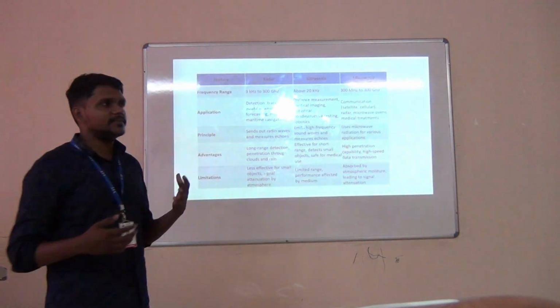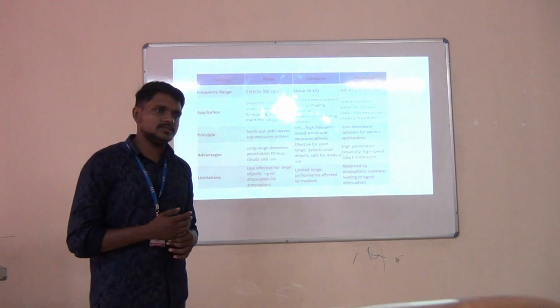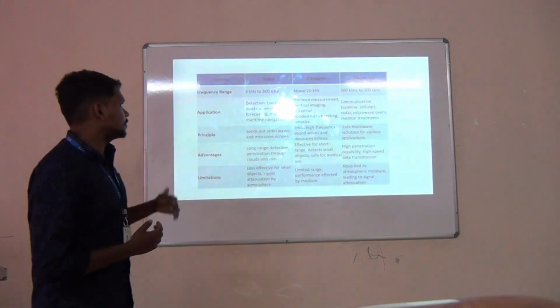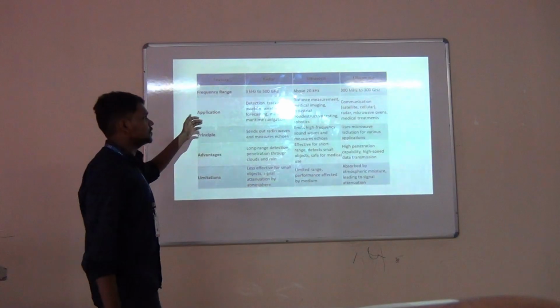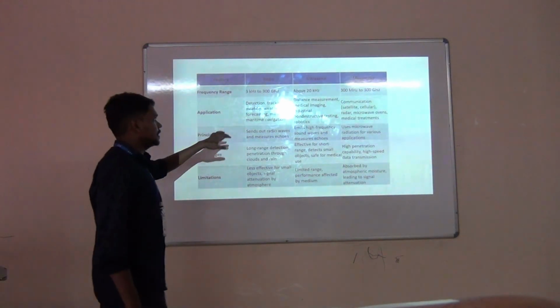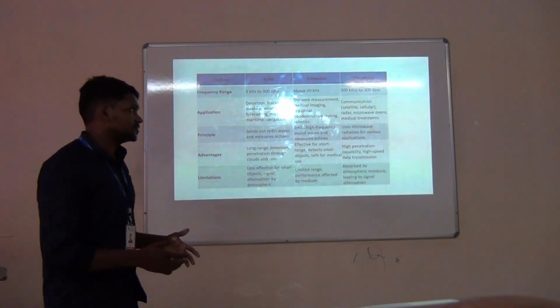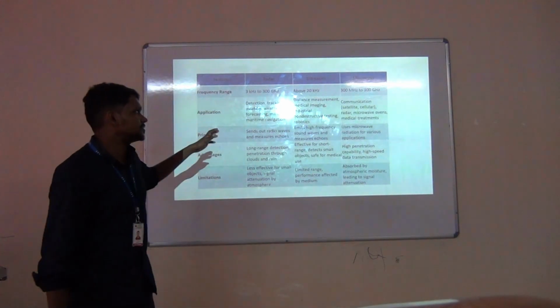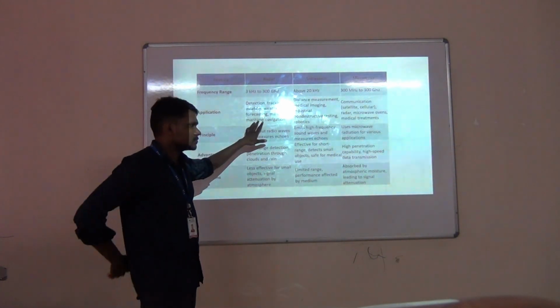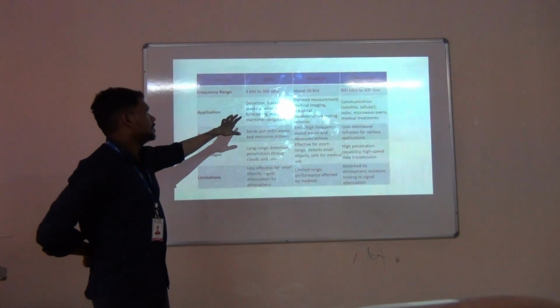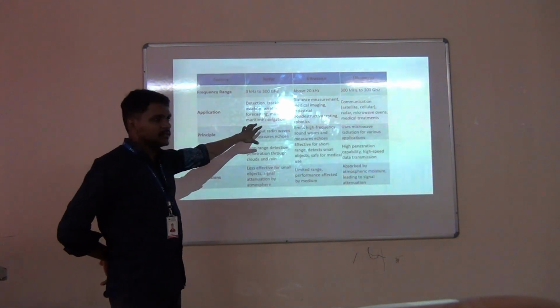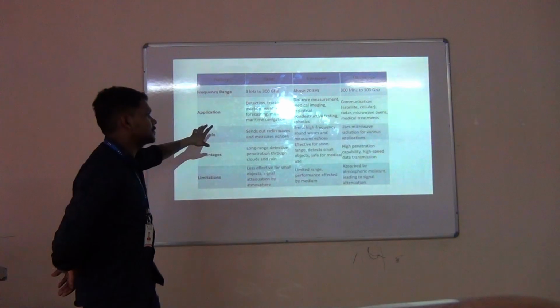So we will have a small discussion on this topic also. The frequency range in case of radar is from 3 kHz to 300 GHz. This means it has a higher frequency, so lesser wavelength. The wavelength will be very small, but the frequency will be very high.